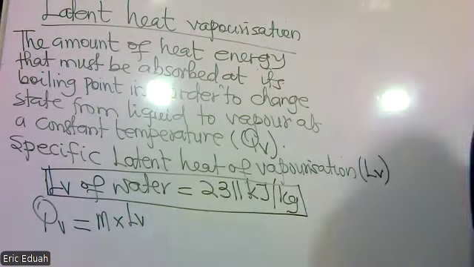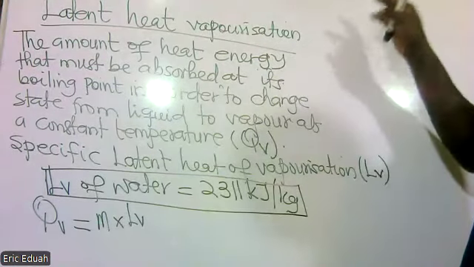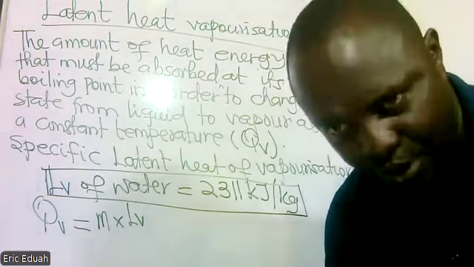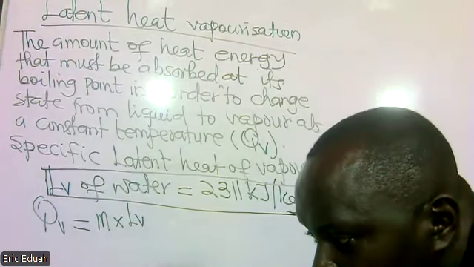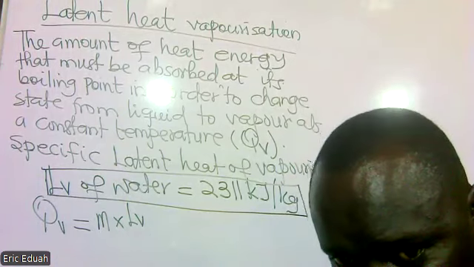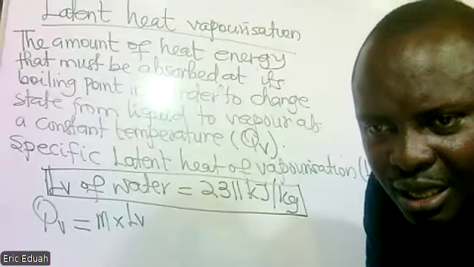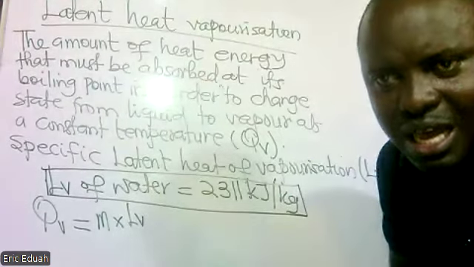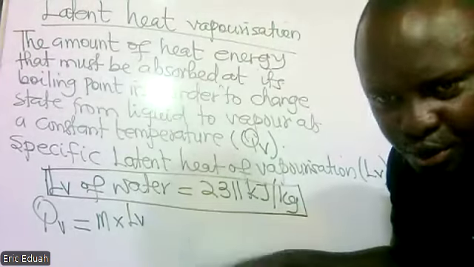Okay, if no question, let's solve a problem. If water must change state from vapor back to liquid, then for pure, undiluted water, this amount of heat energy must also be evolved, emitted, liberated to the environment at its boiling point.